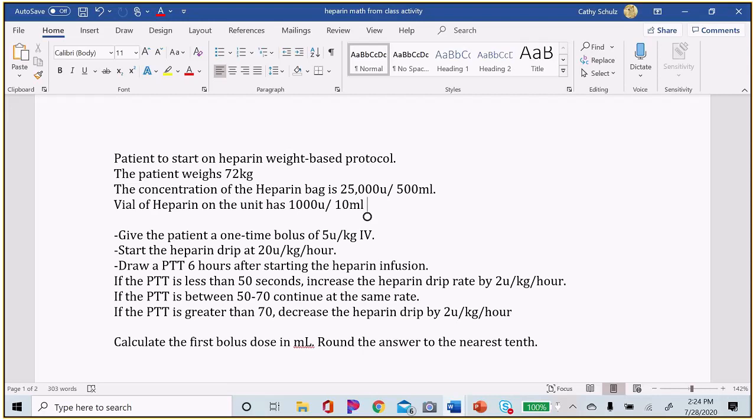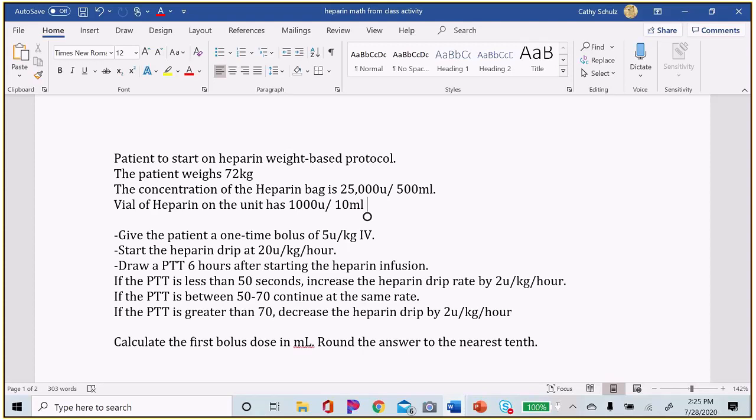These two here are stable. It's always the concentration of the heparin bag, or what you're going to infuse, hung and running through the IV infusion machine.